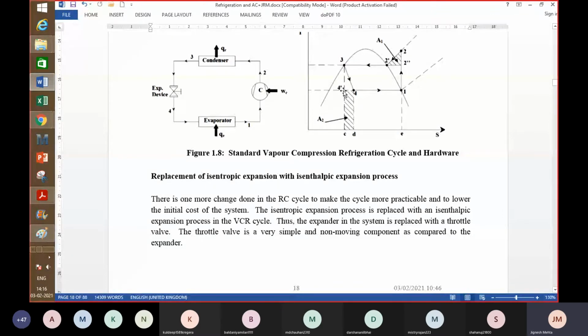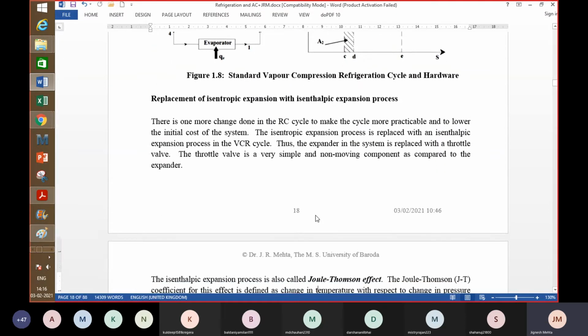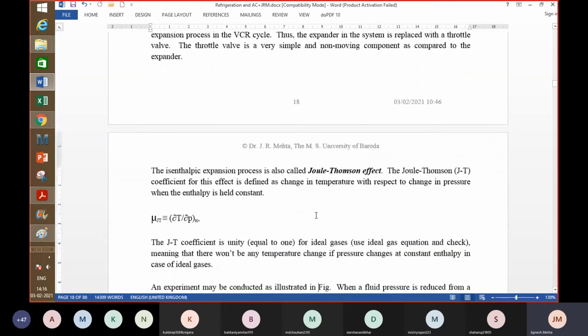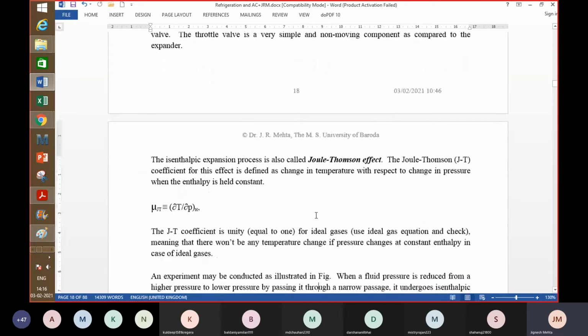So you have to make sure that the thermodynamic area where you want to work should have a positive value of the Joule-Thomson coefficient. That can be explained like this. The JT coefficient, this might have been discussed in thermodynamics. So an experiment may be conducted as illustrated in the figure here.